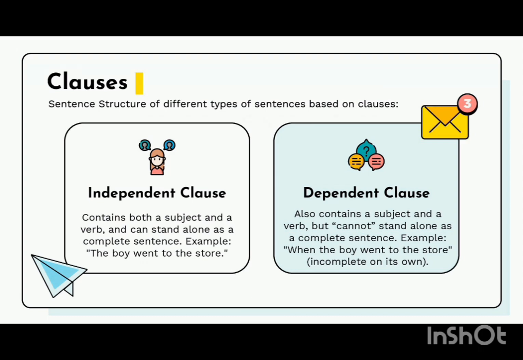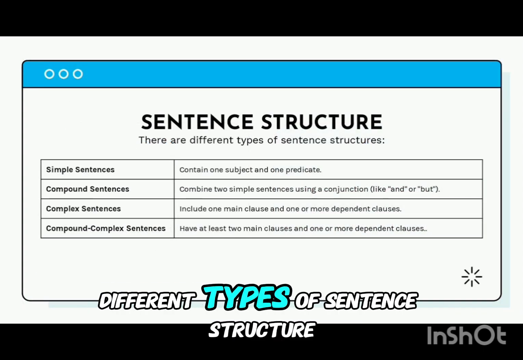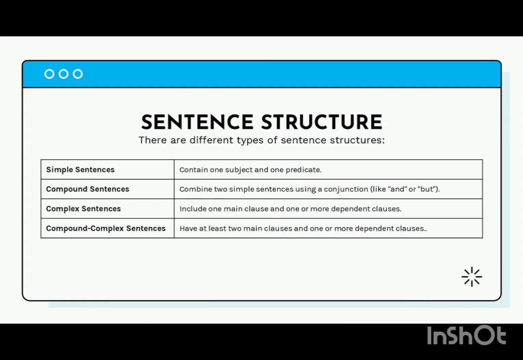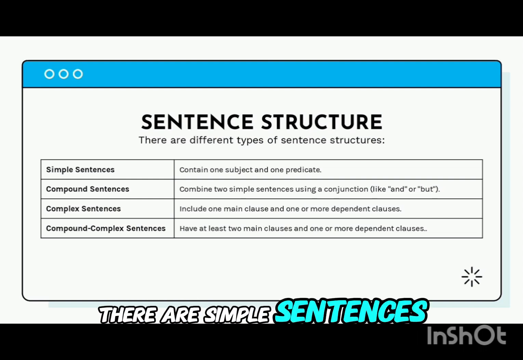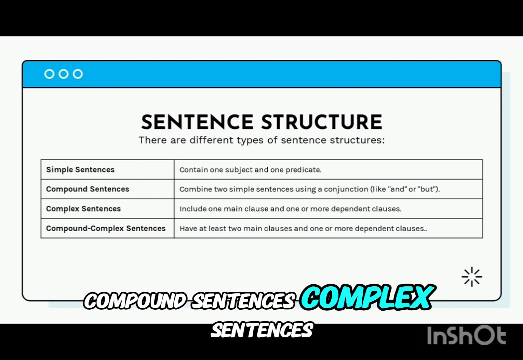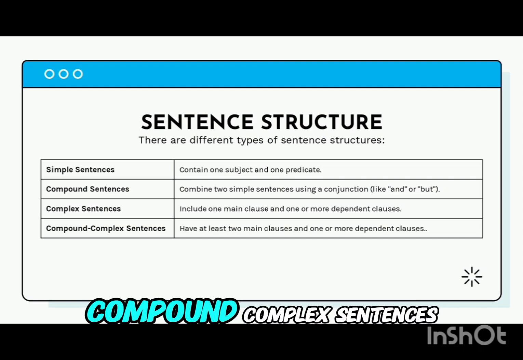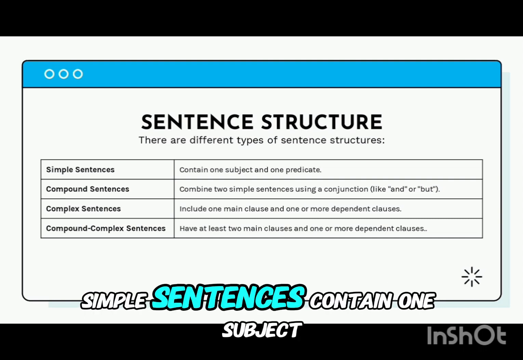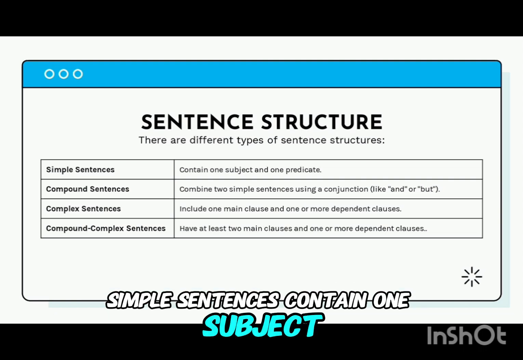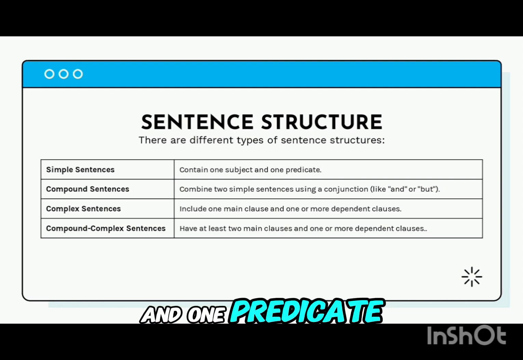So, we go on to the different types of sentence structure. There are simple sentences, compound sentences, complex sentences, and compound-complex sentences. Simple sentences contain one subject and one predicate.